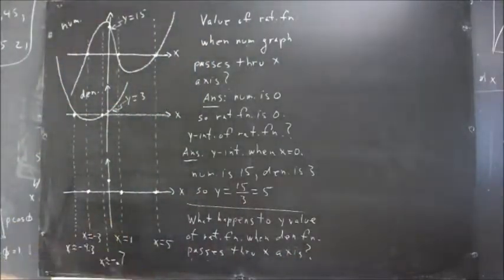Again, think, stop, look at the graph, identify all the parts of this question, and see what you come up with. But I'm going to go ahead now with the answer.